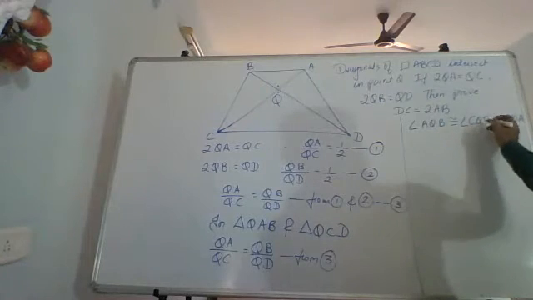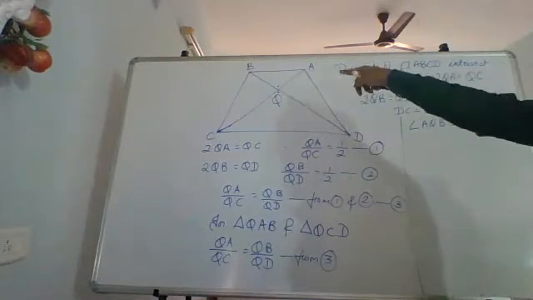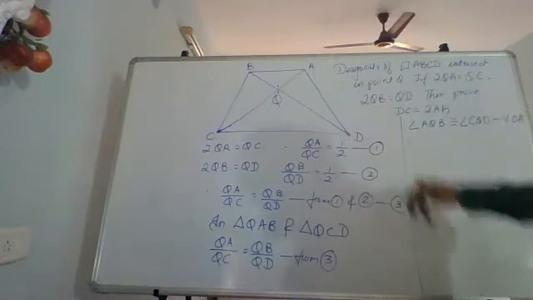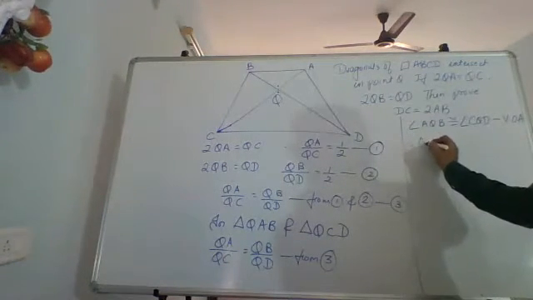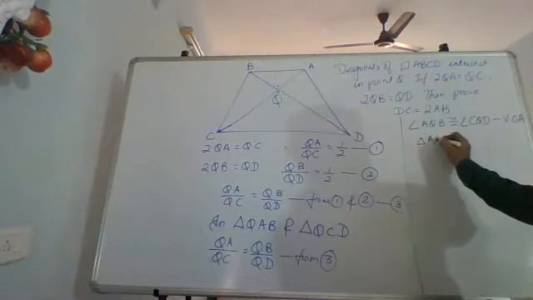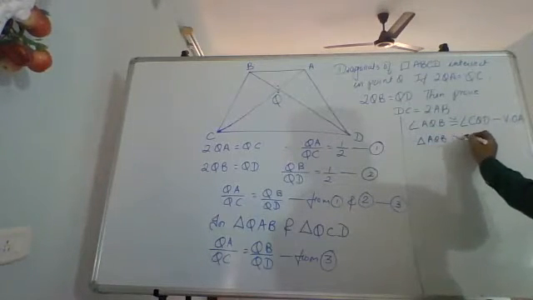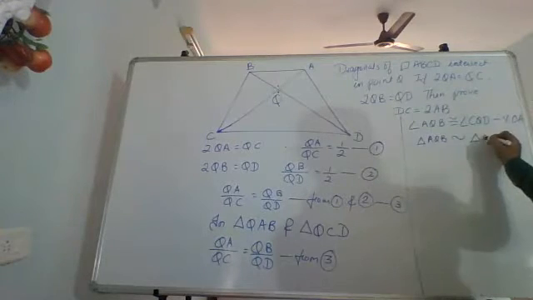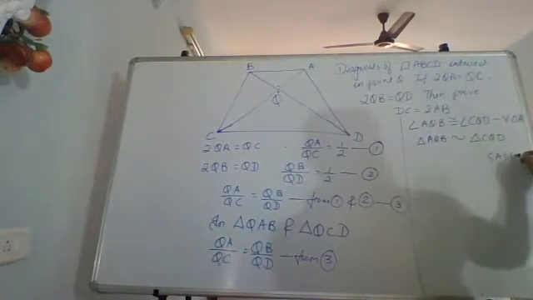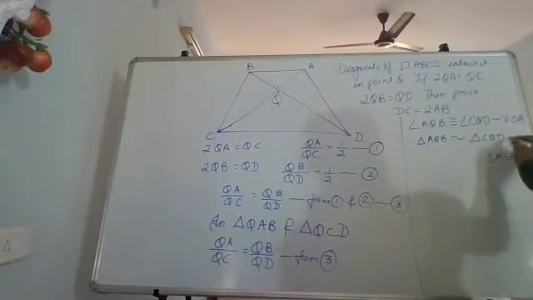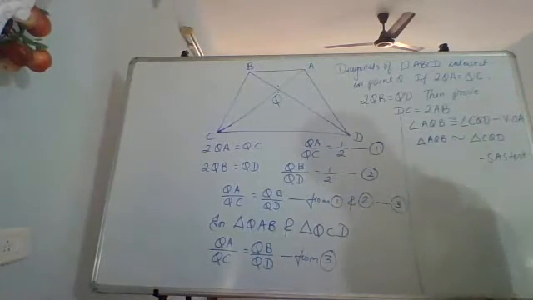Now, if these angles are congruent and the sides which include these angles are in proportion, then the triangles are also similar. Therefore, triangle AQB is similar to triangle CQD. Reason, SAS test.